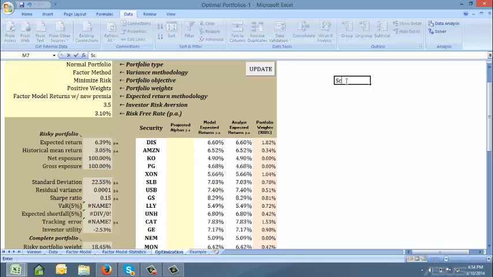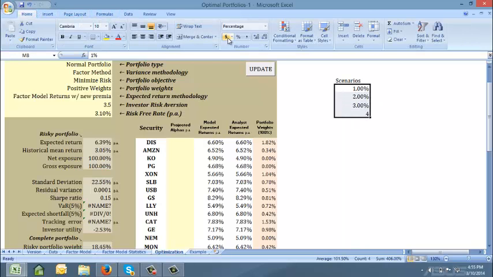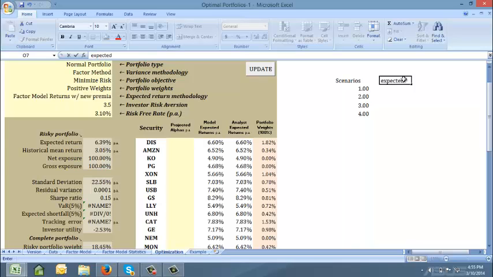So this is the scenarios 1, 2, 3, 4. That's the scenario, and then we're going to be finding the expected return and standard dev.